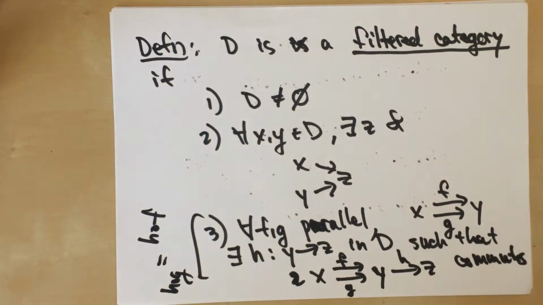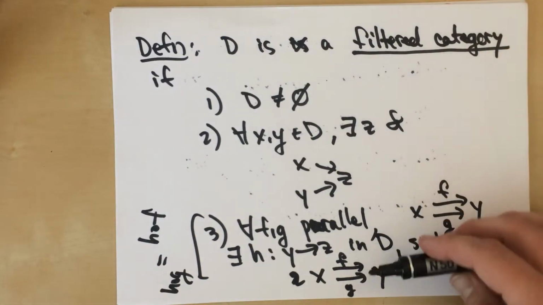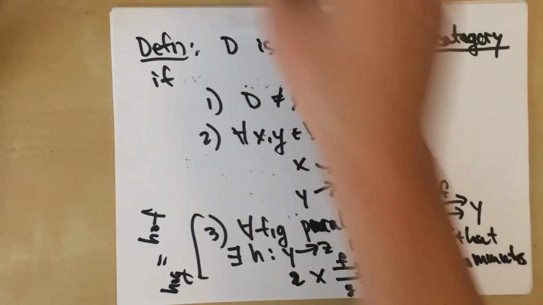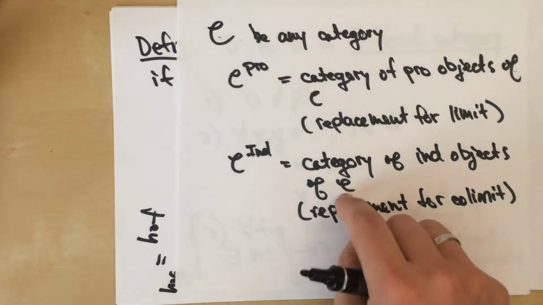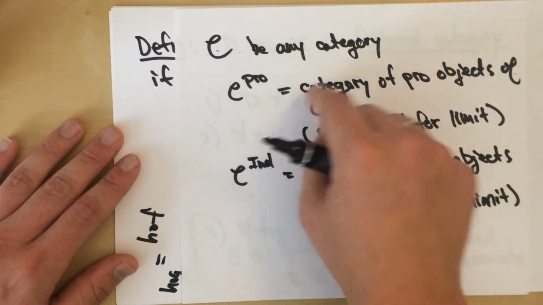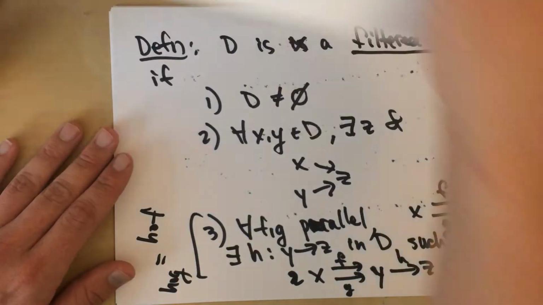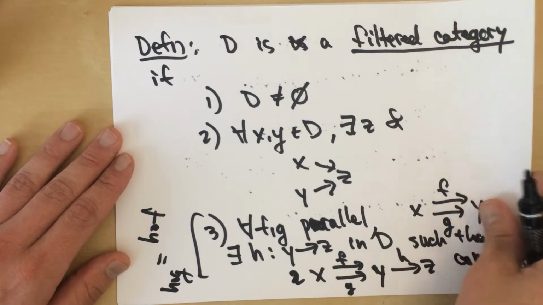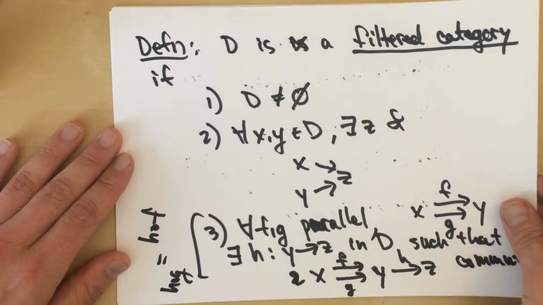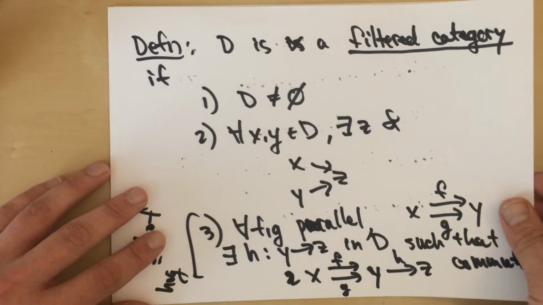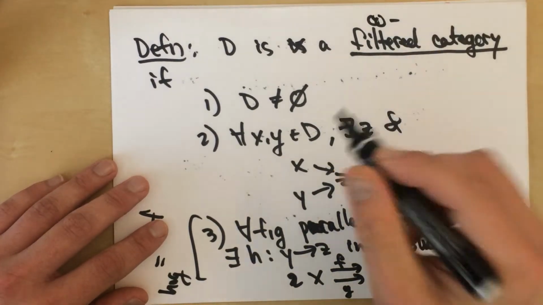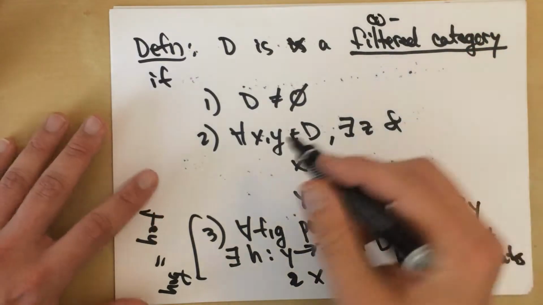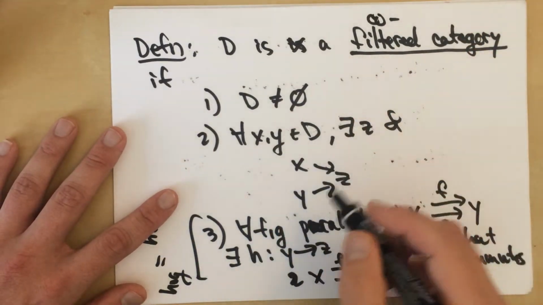Then we can ask what a co-filtered category is. This filtered category is going to be used for the ind objects, and the co-filtered is going to be for pro objects. A co-filtered category is one where these arrows are reversed.